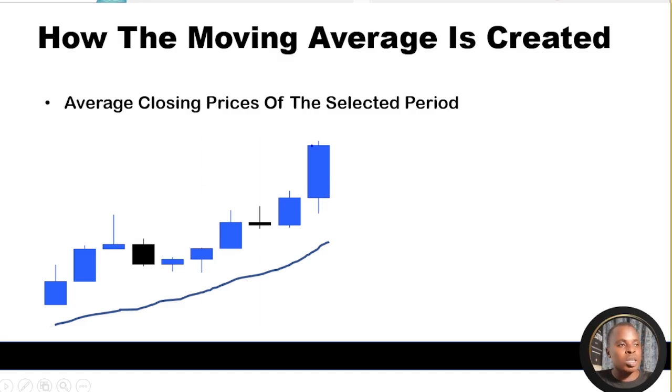For example, we take the closing price of this candle plus this candle plus this candle plus this candle plus this candle, and we add all of them and we get a number which is going to be here where the moving average is. I'm not going to waste your time calculating this, because you just go into the market and place the moving average on your charts and it does it automatically.